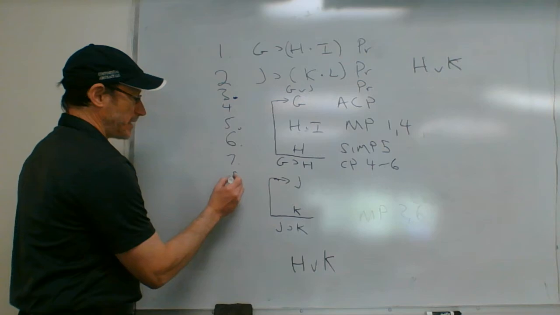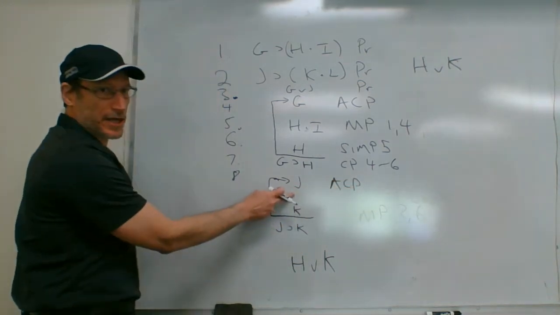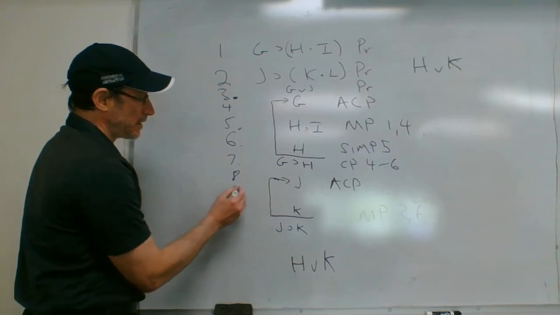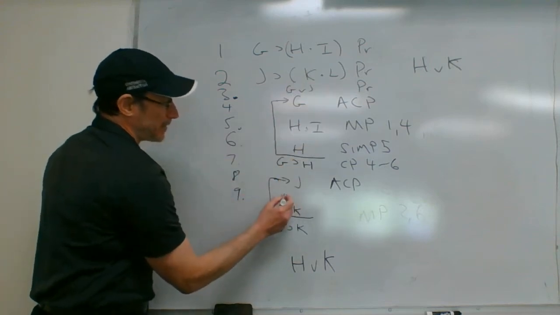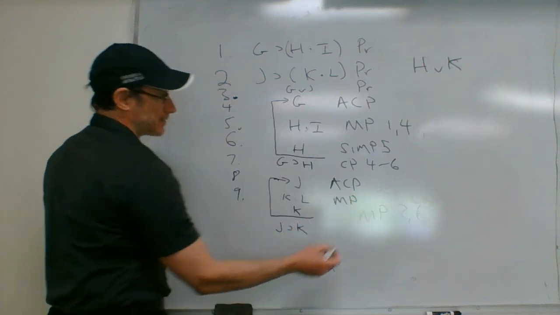This is going to be step 8, another assumption for conditional proof. I'm assuming J here. I can get K dot L by a modus ponens. Modus ponens on 8 and 2.